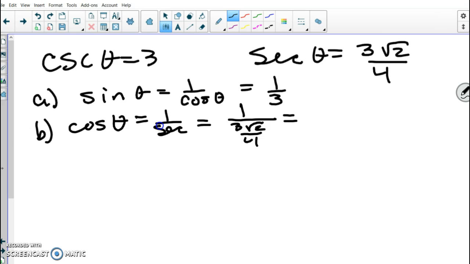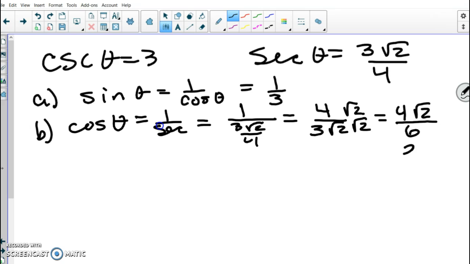Anytime we divide by a fraction, we multiply by the reciprocal. So 4 over 3 roots of 2. We know we can't have that radical in the denominator, so we multiply top and bottom. We get 4 roots of 2 all over 3 times square root of 2 squared, which is 2, all over 6. This simplifies to 2 roots of 2 over 3.